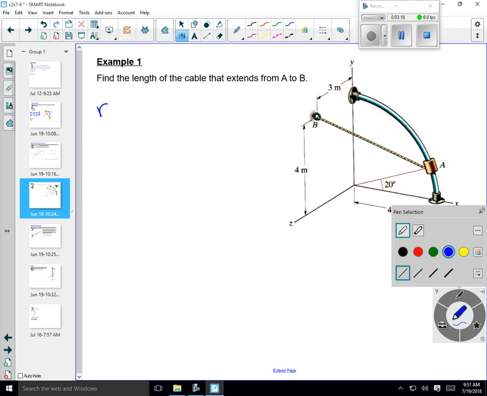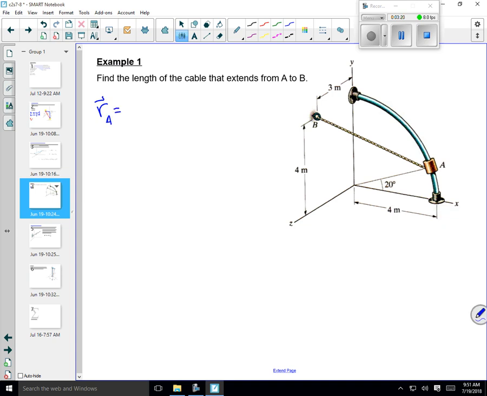So here's the vector RA. And what is the vector RA? The vector RA lies in the xy plane, so it's got 0 k component. But its x component is going to be the magnitude, 4 meters, times the cosine of 20 degrees.